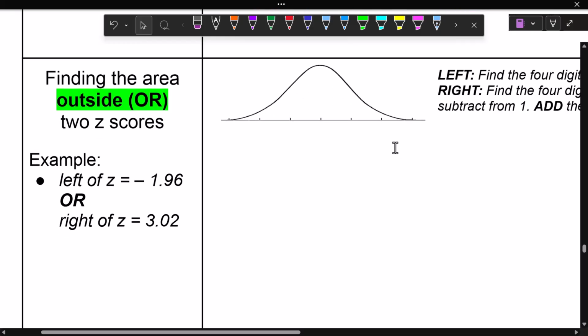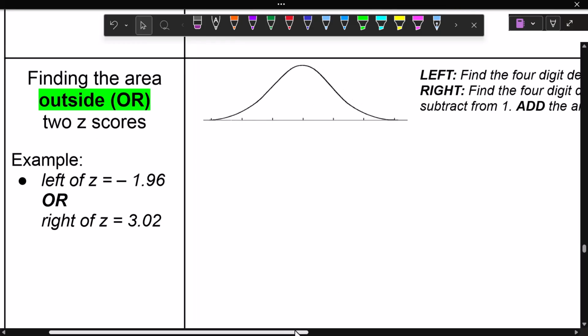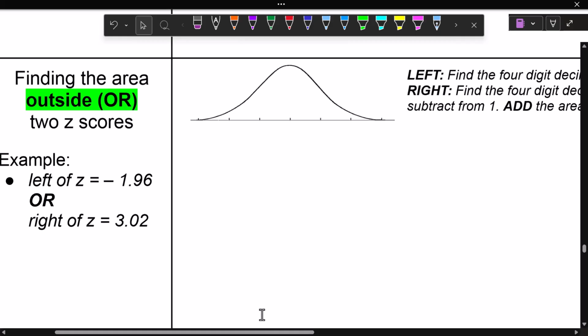Now, the last type that we're going to look at is the outside of the two z-scores. So there's actually a couple different ways we can do this. Well, it's probably easiest just to do it this way. So negative 1.96, so not quite to the negative 2. And we want to the left of that. And the right of 3.02, which is, well, way over here. There's going to be a very small number there.